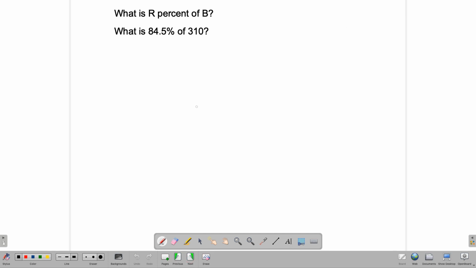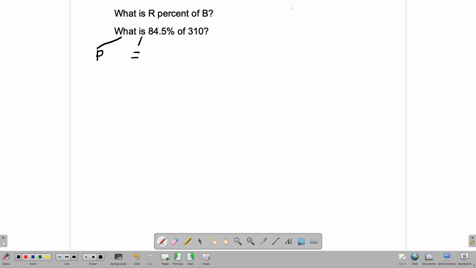All right, so we have one more. So it says, what is R percent of B? And for this example, what is 84.5% of 310? So in this case, we're trying to determine the what, and in this case, it's the P. We say that is represents the equal sign, and we have 84.5%.